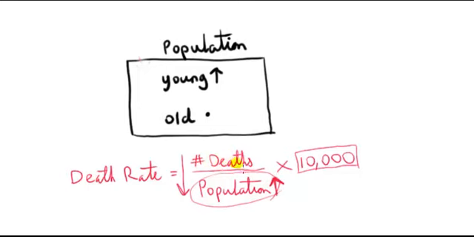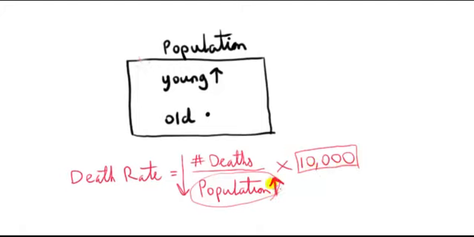Okay, to calculate the death rate, we take the number of deaths that year, which hasn't really changed, only the birth rate has shot up, but number of deaths is more or less constant as it was in, say, the few previous years. We put that over the population, we get this fraction, the fraction of people that died that year. We multiply by 10,000 to get, on average, the number of people that die per 10,000 of the population.